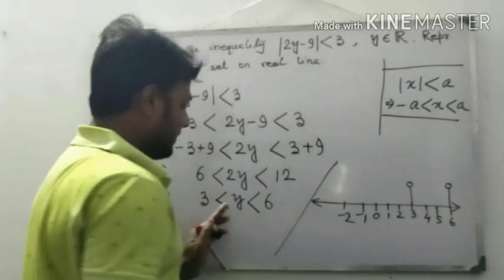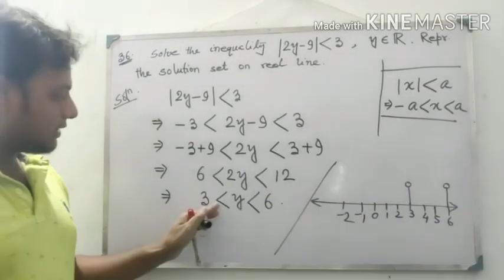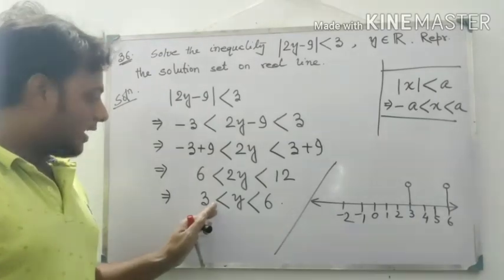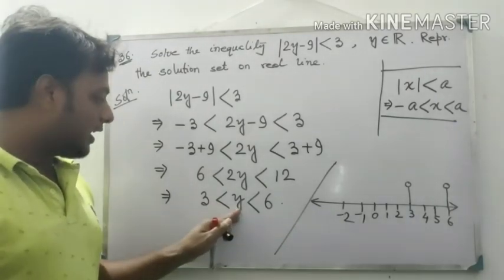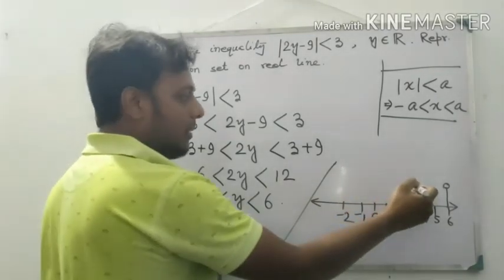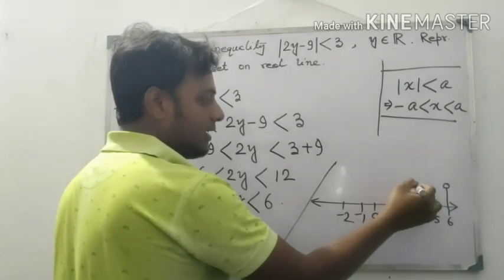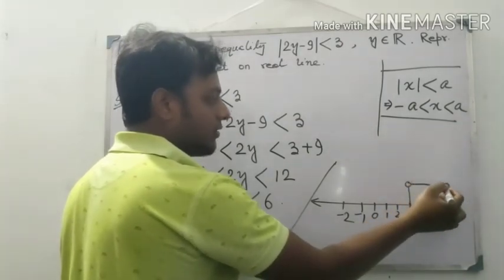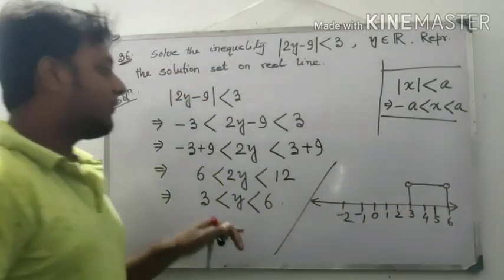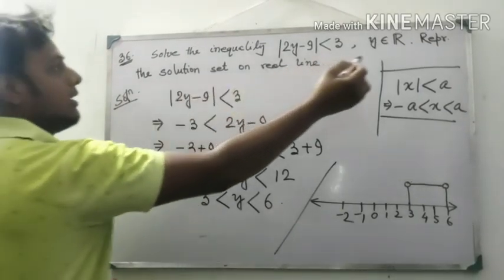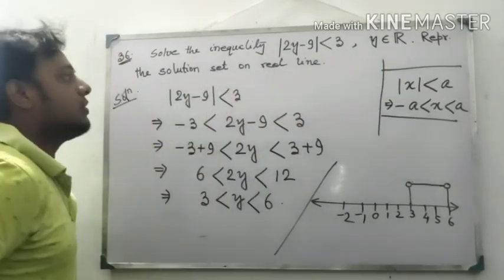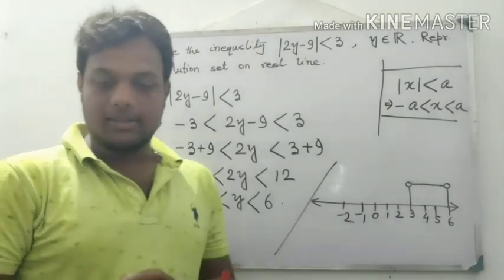Since it is strictly less than and y cannot take the value 3, the circle will be empty, and the circle for 6 also will be empty. So this is the graph for this inequality. So this completes the second part, representing the solution set on the real line.